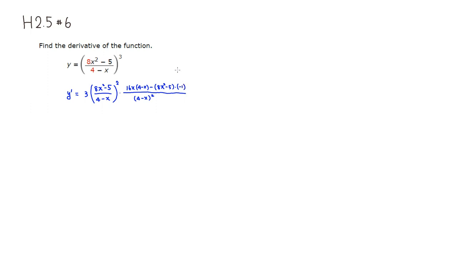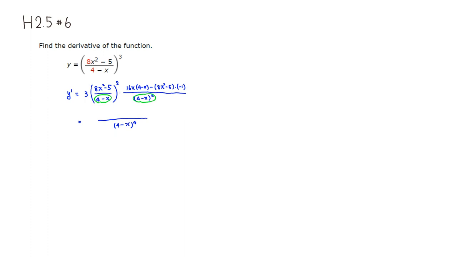Alright, so we just need to clean it up a little bit here. On the bottom, we have (4 minus x) squared here, and (4 minus x) squared, so you have quantity 4 minus x to the 4th power, right? That takes care of this guy and that guy there.